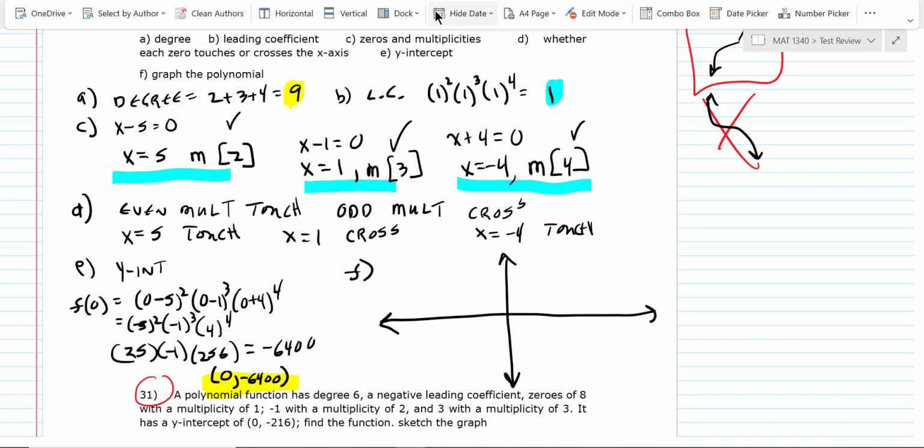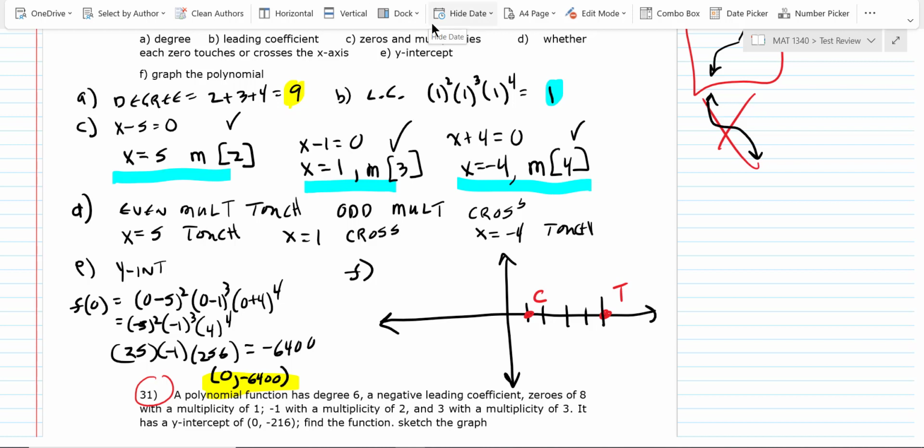But really all we have to do is look at the things I underlined in blue. You have a zero at 5, so I taught you to put a dot there, and it touches, so I put T for touch. Then you had x equals 1. You had an odd multiplicity, so I put C for cross.